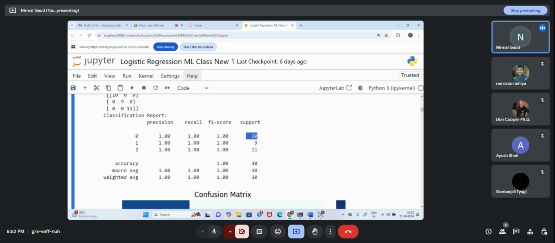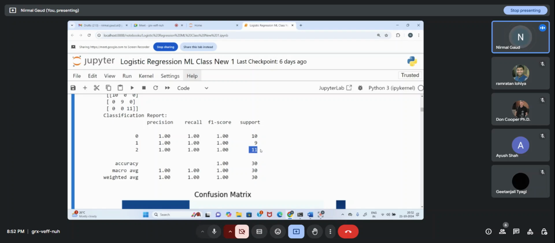Support means the number of 0s, number of 1s, number of 2s. So I am having 10 plus 9, 19 plus 11, 30 values, in which 10 are 0, 9 are 1 and 11 are 2 in my test data.